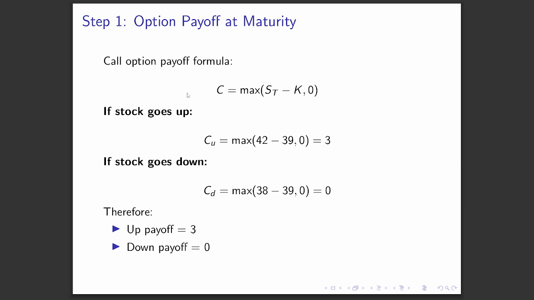So if the stock price increases to $42, the payoff becomes 3. And if the stock price decreases to 38, the payoff becomes negative. However, since the payoff cannot be negative, the value becomes 0. So therefore, the option payoff is $3 in the up state and $0 in the down state.